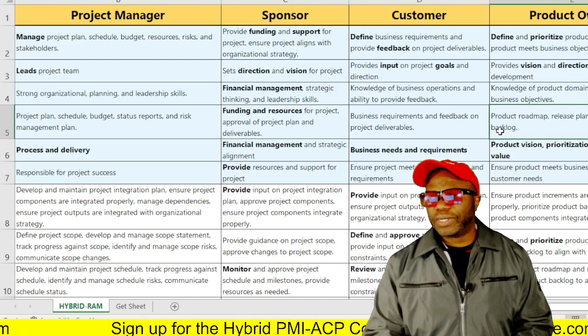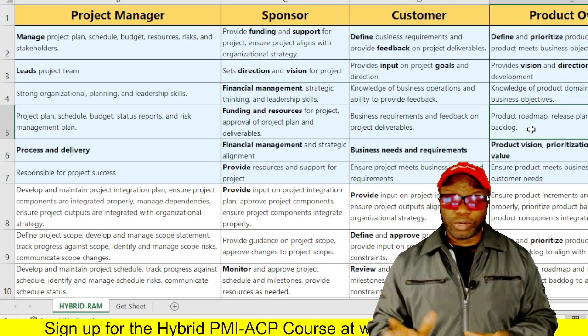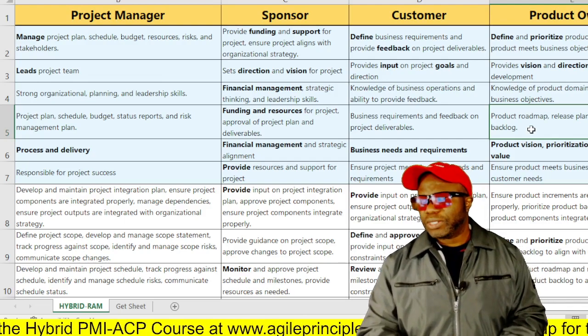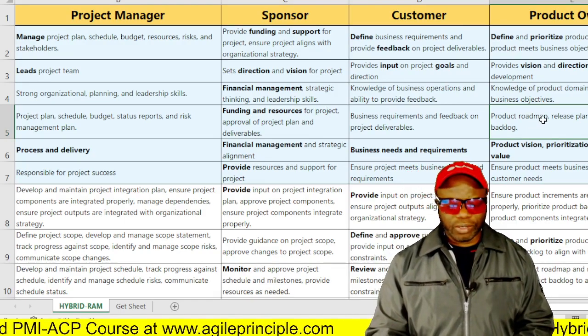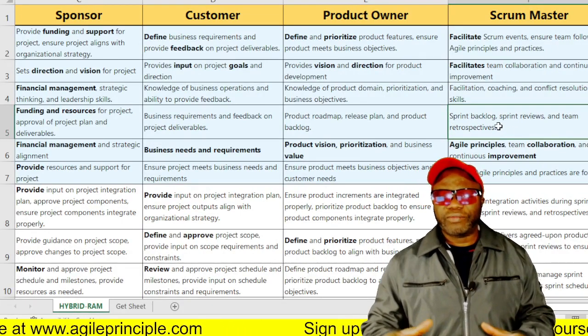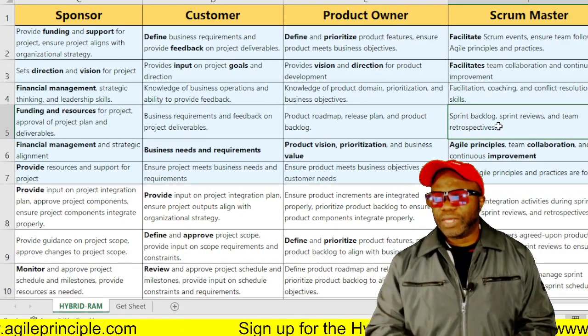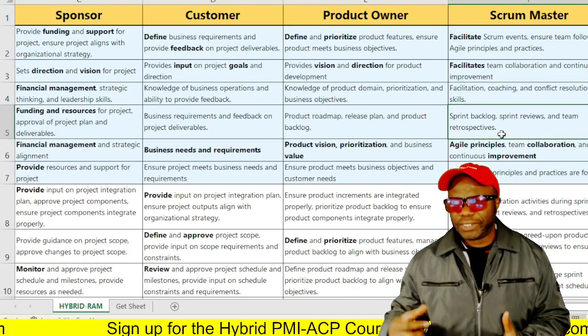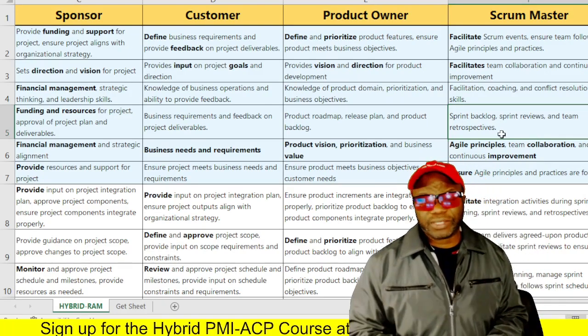The product owner is involved in the product roadmap, which gives direction and focus for the product, release plans, and product backlog. The Scrum Master is part of the team, obviously, the Scrum team, but when it comes to the sprint backlog, sprint reviews, team retrospectives, the Scrum Master may get more involved.